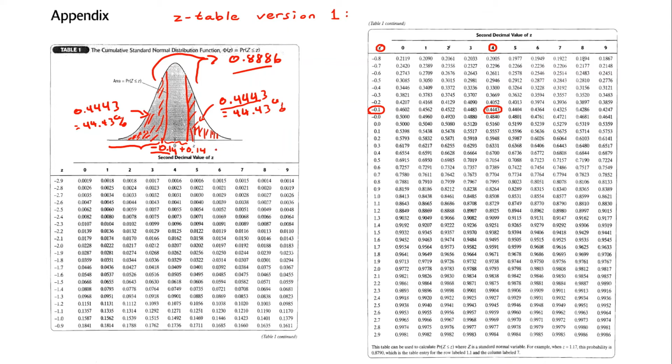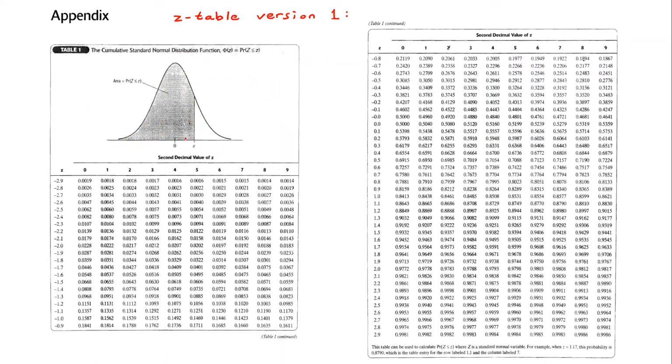And the reason we don't find plus 0.14 in the table, where 0.1 plus the third digit 4 would be over here, is because this 0.5557 is really the left probability of this z number.